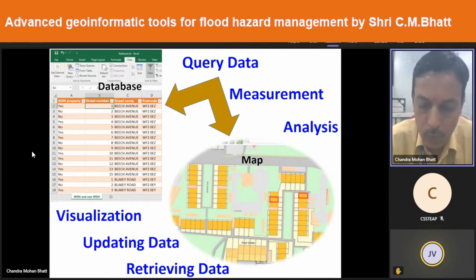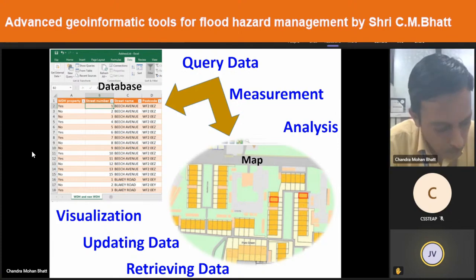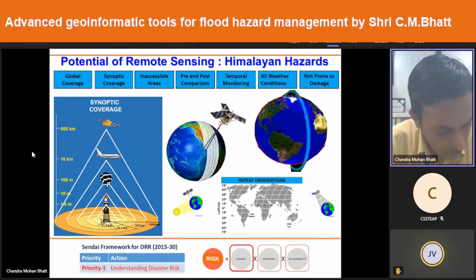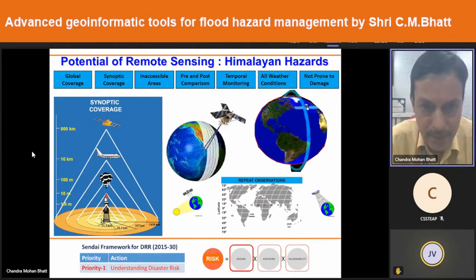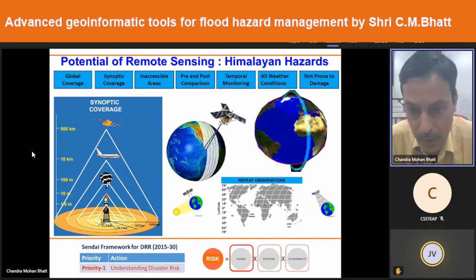There are tools which allow us to maintain and update this data, and also do analytics on that data. One of the most important tools in this entire cycle is the remote sensing data. Why is it very important?